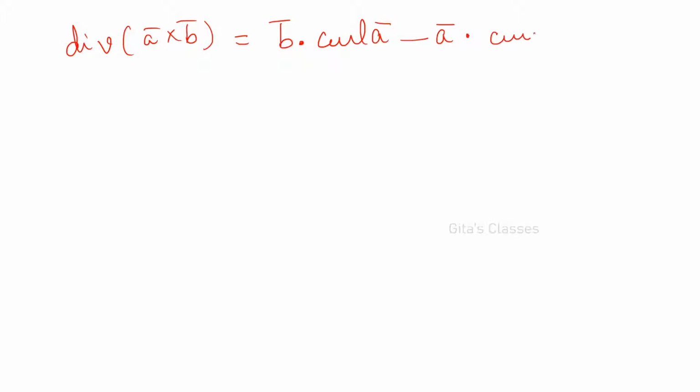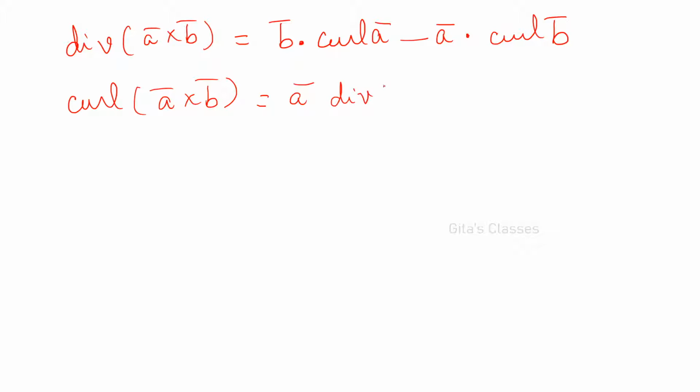And one more I'll give you: divergence of A cross B is equal to B dot curl A minus A dot curl B. Similarly, curl of A cross B, you try to remember these results, okay?